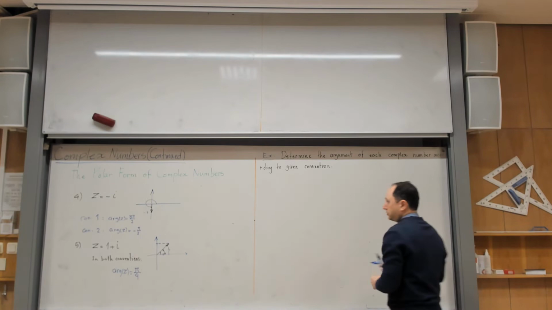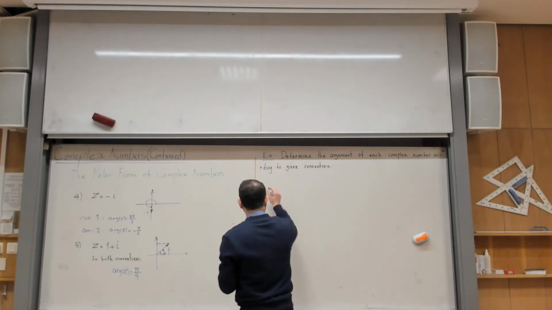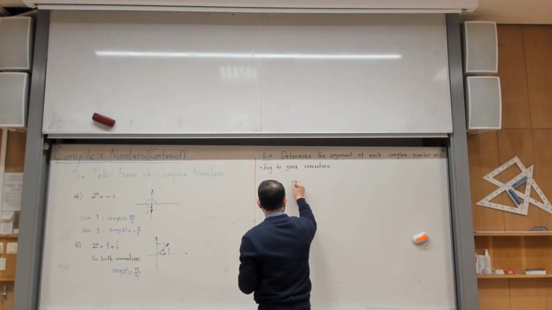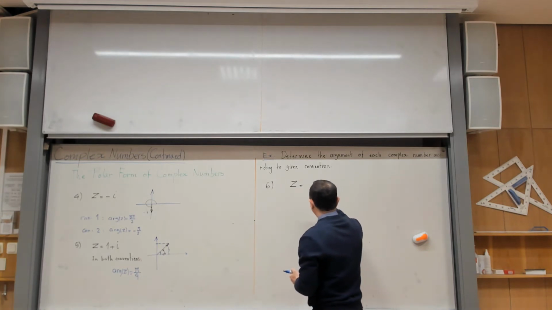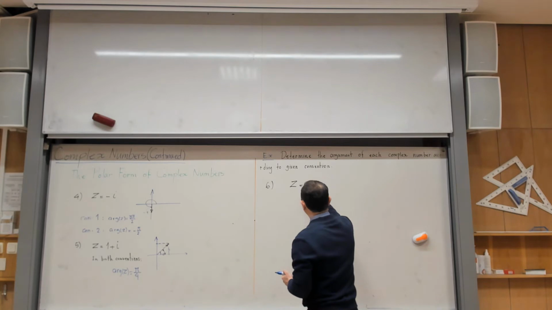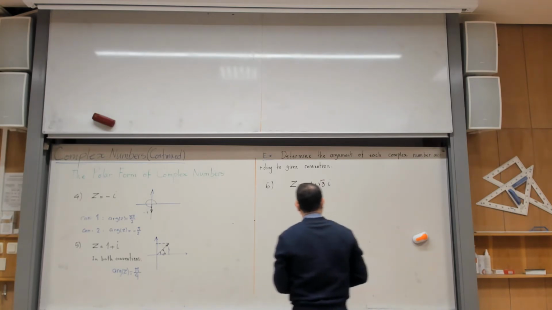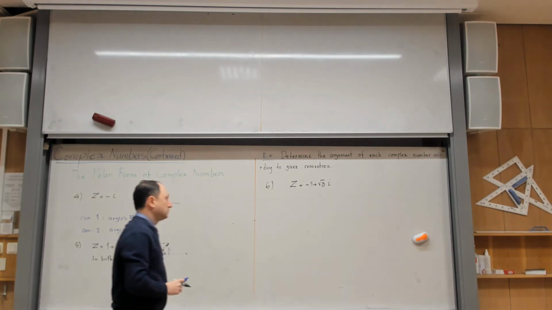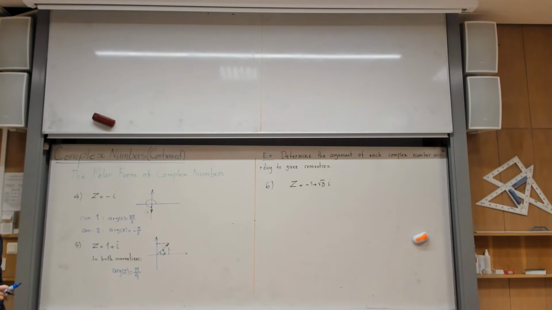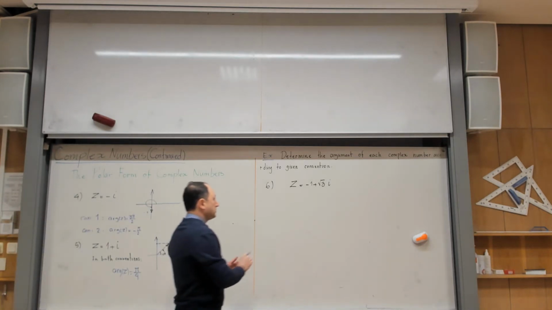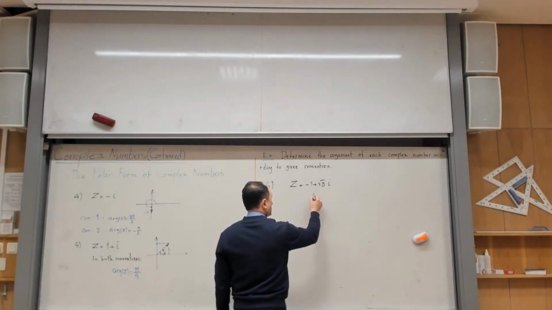Okay, so what you do, number 6, let me, for example, write z is equal to minus 1 plus the square root of 3 times i. Okay, so here what I'm supposed to do, first you need to approximately locate this point.